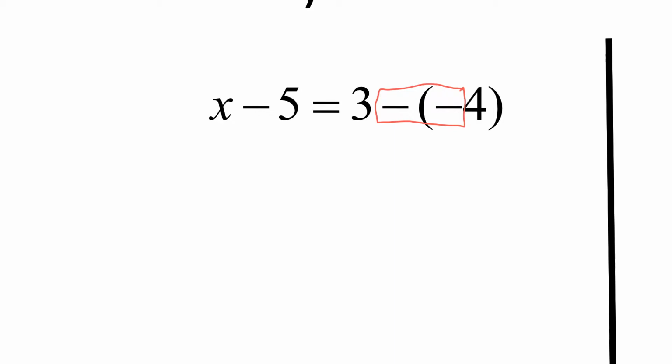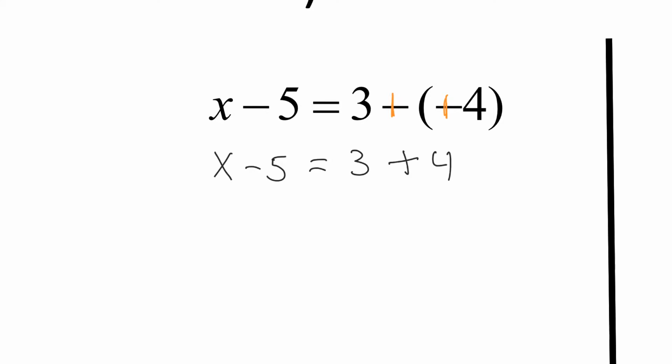So I'm changing that sign to a plus. When I rewrite the equation, I'm going to have x minus 5 equals 3 plus 4.